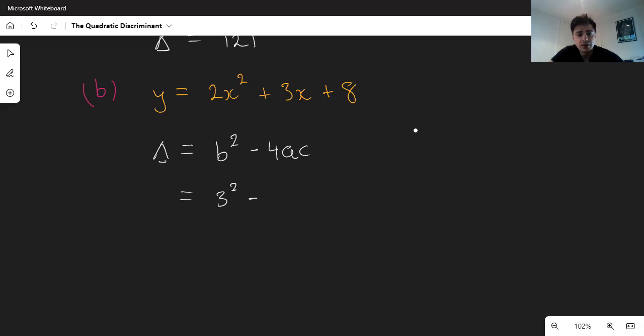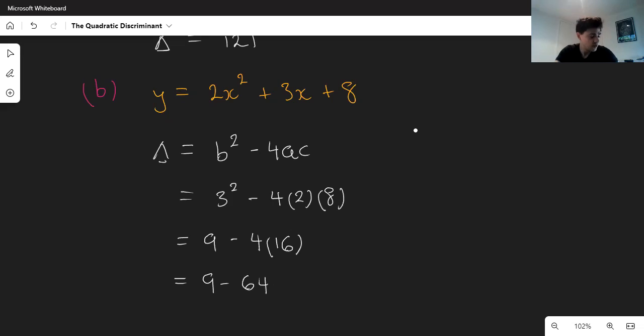That's 3 squared minus 4 times a, which is 2, times c, which is 8. 3 squared is 9 minus 4. Well, I'll do the brackets first. 2 times 8, which is 16. And then 9 minus 4 times 16 gives me an answer of negative 55.